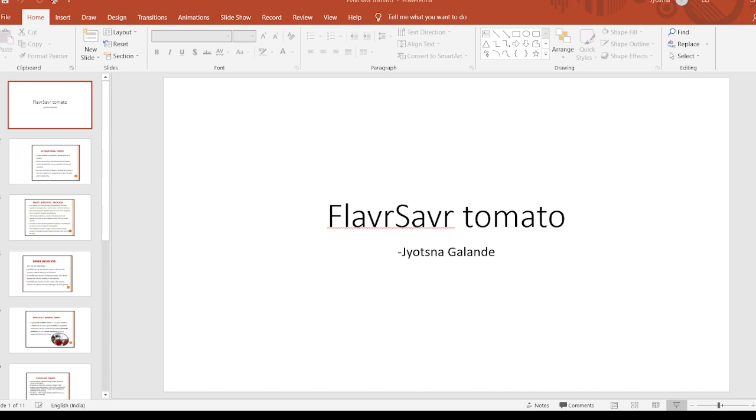Now we are going to see how this FlavrSavr Tomato is developed. We will see the genes involved in this. The first is the pTOM5 gene, which encodes phytoene synthase, right? That promotes lycopene synthesis, which imparts the red coloration.